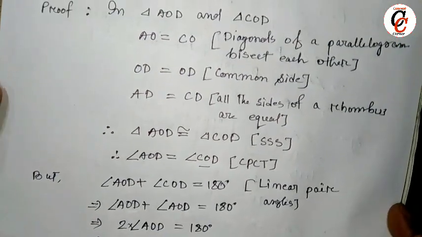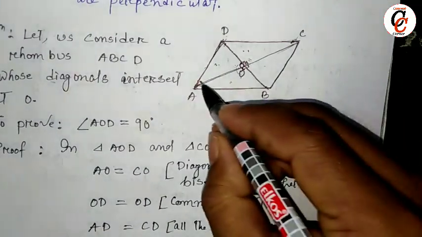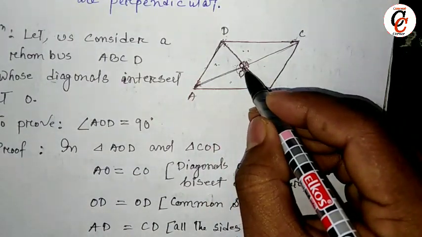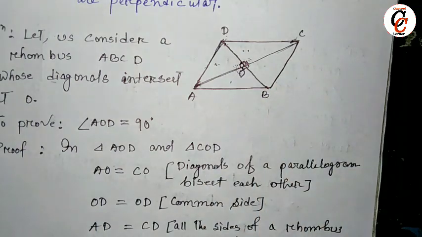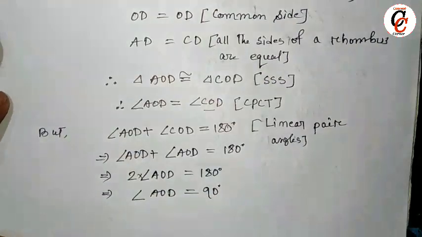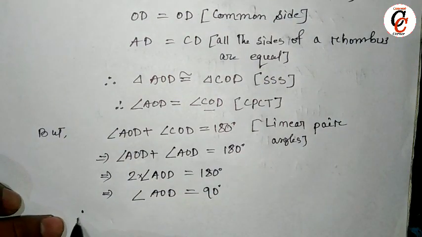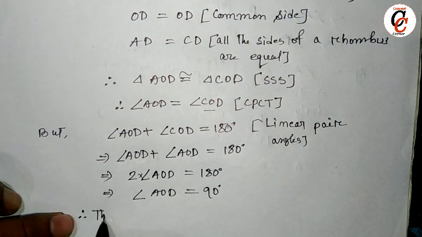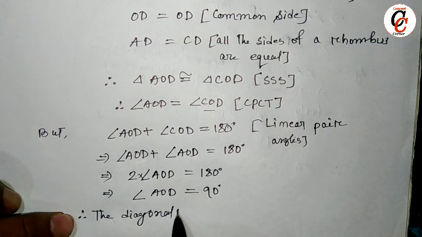AOD is 90 degrees means the diagonals are perpendicular. Therefore AOD is equal to 90 degrees, it is proved. Therefore the diagonals are perpendicular.